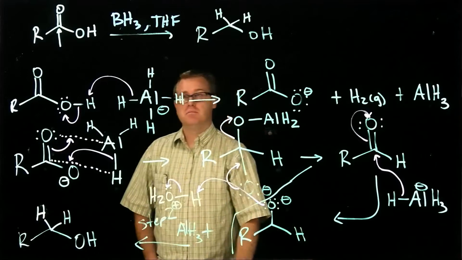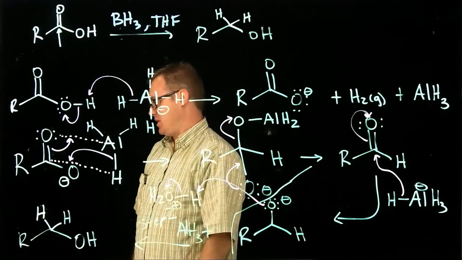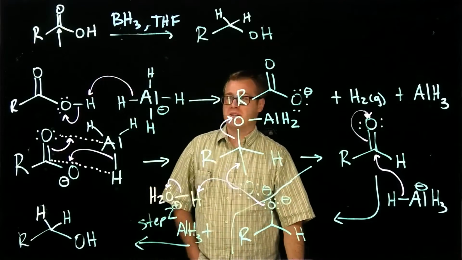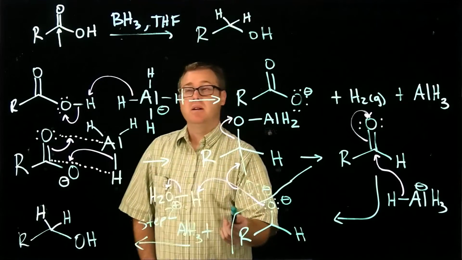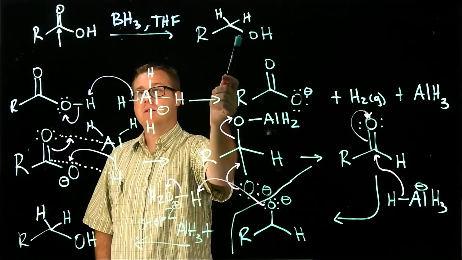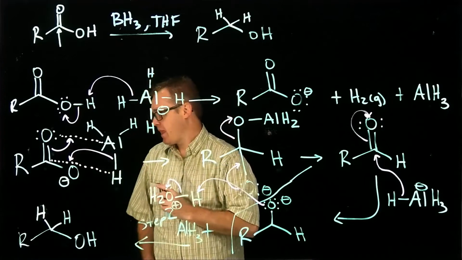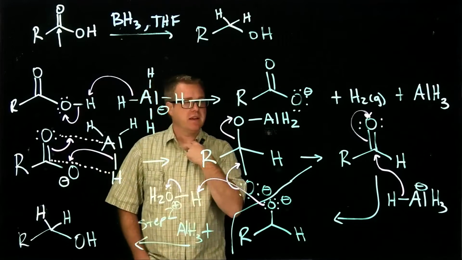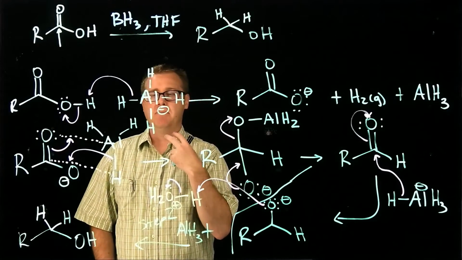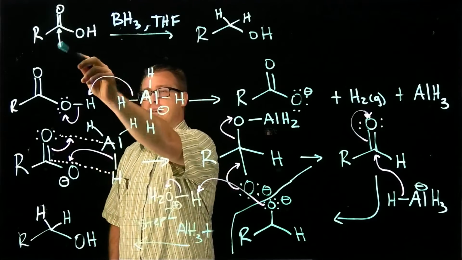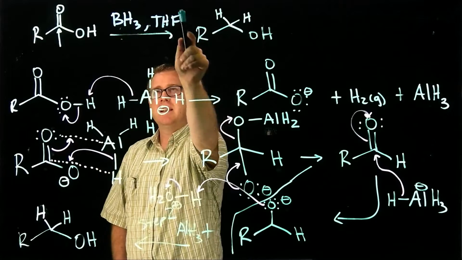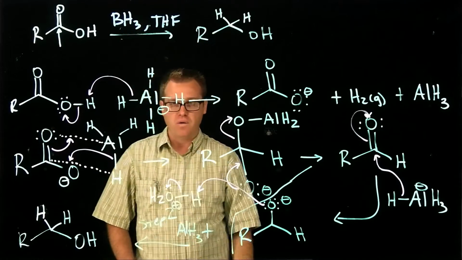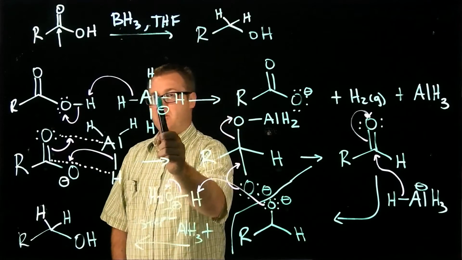That does the same transformation. Now, it's not going to proceed by the same mechanism, but it's going to do the overall same transformation. Now, in organic chemistry, chemists will typically, if they have a carboxylic acid and they want an alcohol, use this reagent over lithium aluminum hydride.